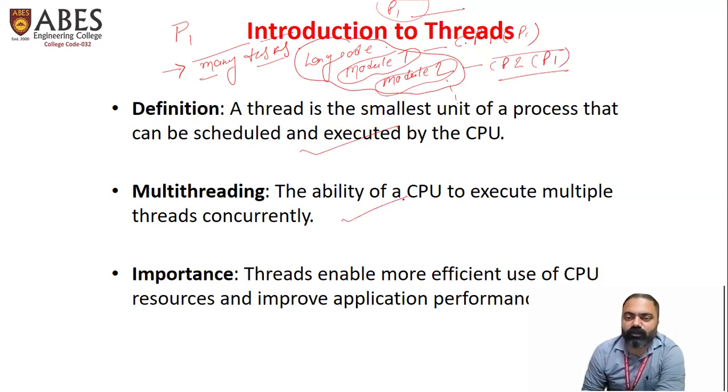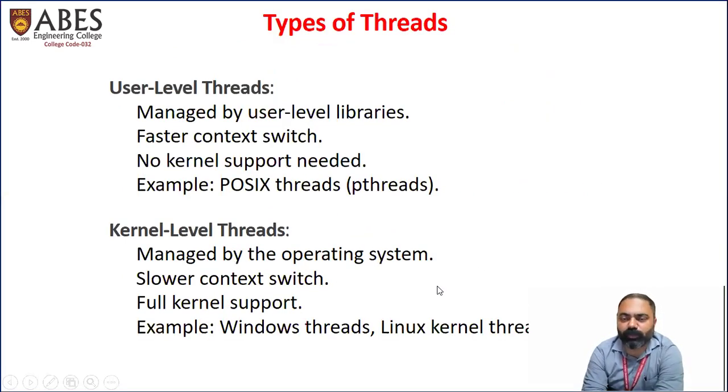The number of processes, sub-processes, child processes, threads are executing parallelly, at the same time. Threads enable more efficient use of CPU resources and improve application performance.